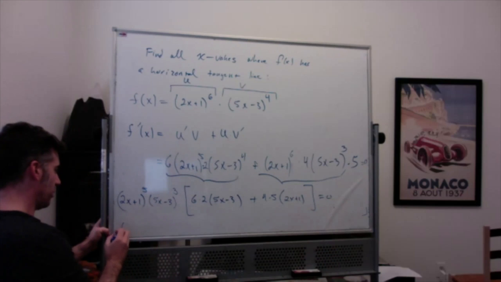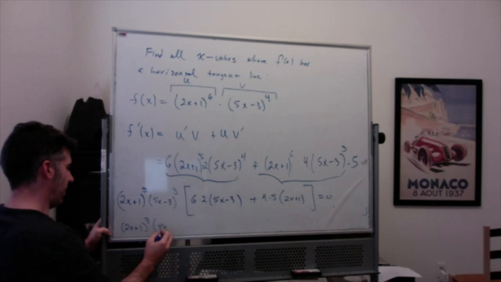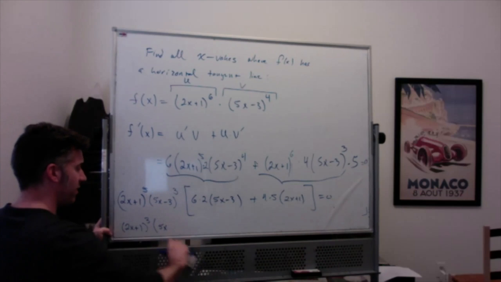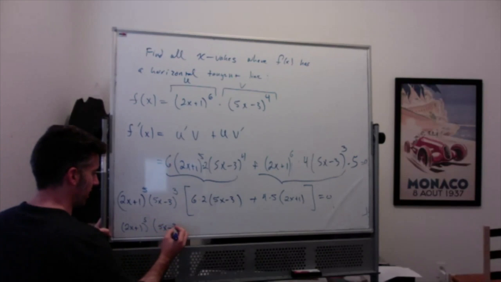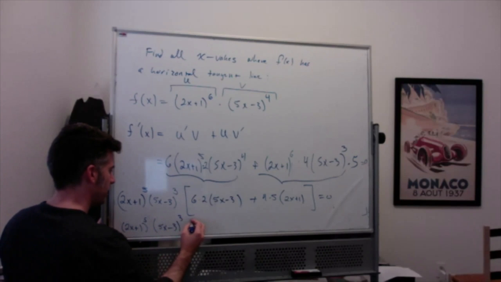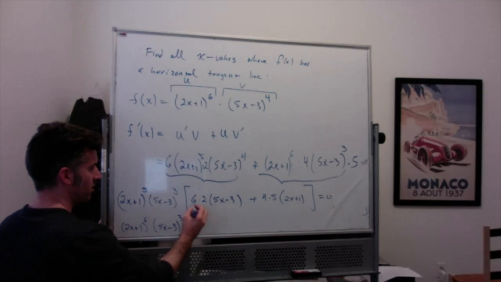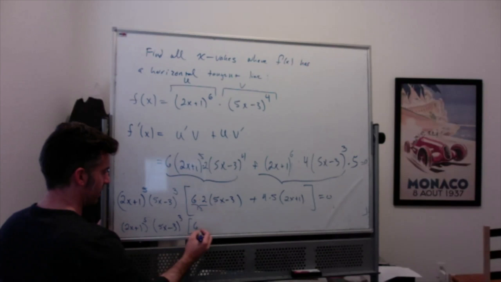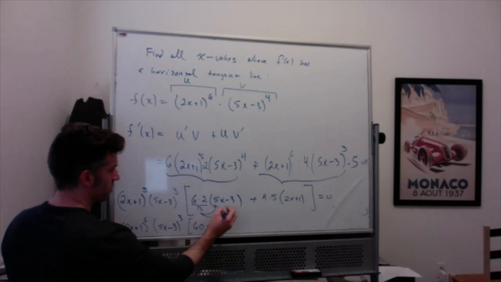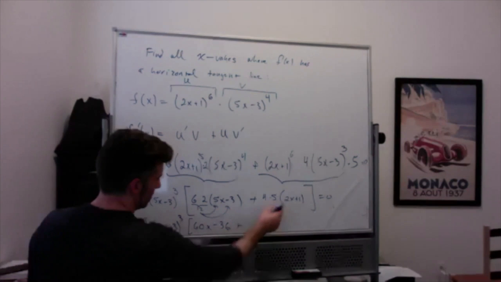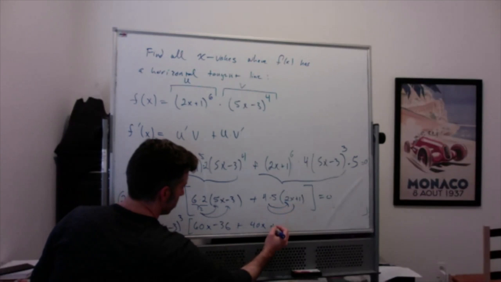So let's see. I'm going to get (2x plus 1) to the 5th, times (5x minus 3) to the 3rd, times, well, let's see. So this is 12. 12 times 5x is 60x minus 36, plus 20 times 2x is 40x, and 20 times 1 is 20.